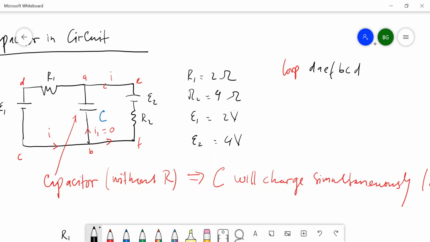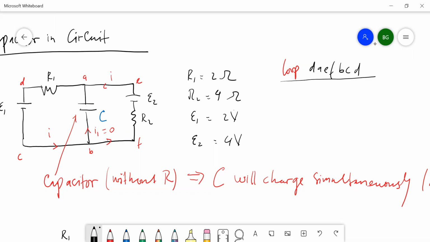So what happened? This is the second Kirchhoff law.